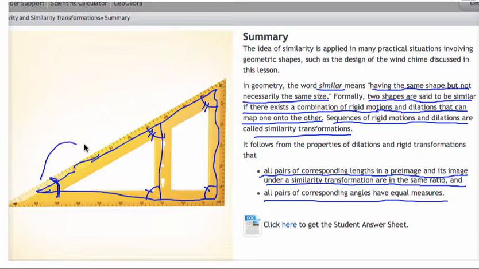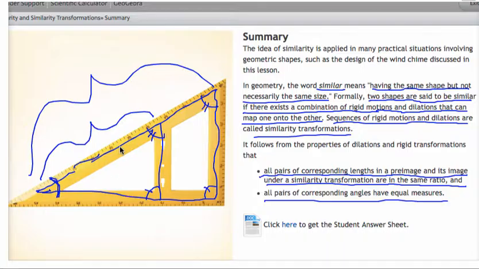It also means that this side is in proportion to its corresponding side. So suppose this larger side has length 10 and this side has length 5. That tells you that the ratio is 2. If you multiply a side length of the smaller triangle times 2, you get the corresponding side length of the larger triangle.